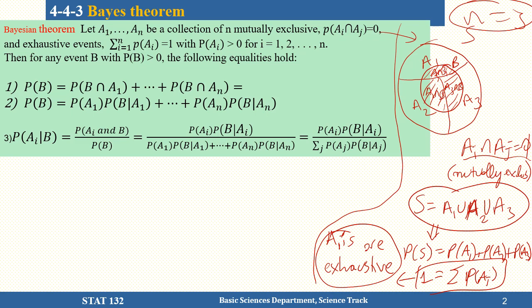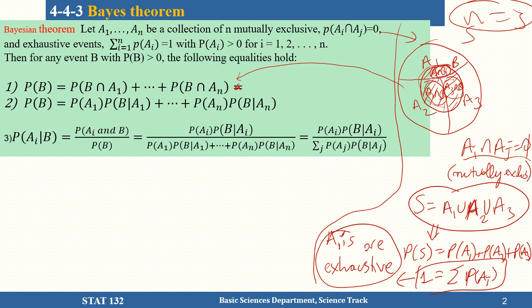The probability of B is equal to the sum of the probability of B intersection A1 up to the probability of B intersection An. So here we are talking about these little intersections. They're disjoint, so for this reason, the sum of their probabilities will give you the probability of B.